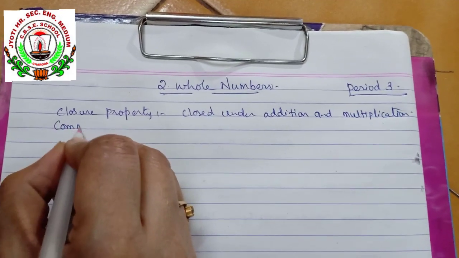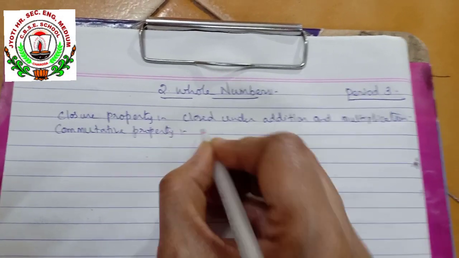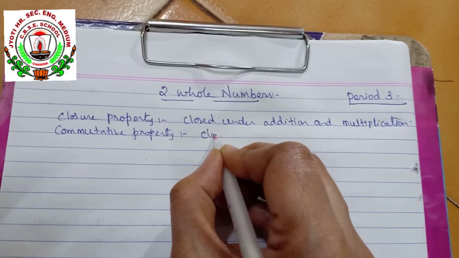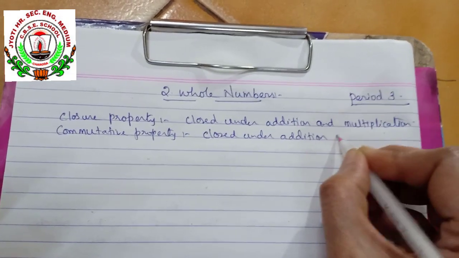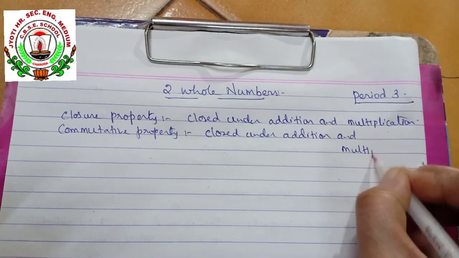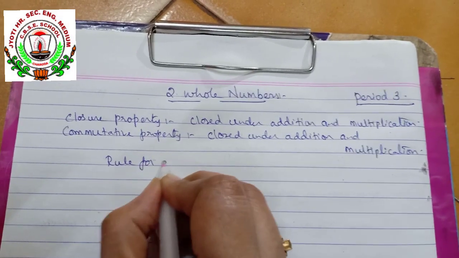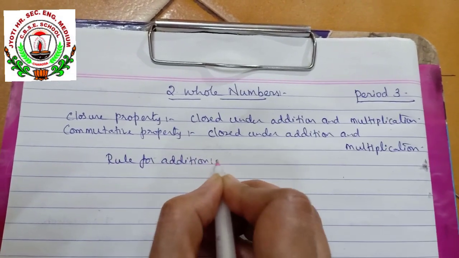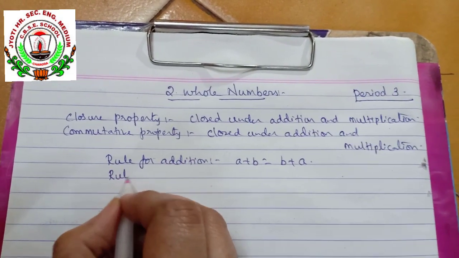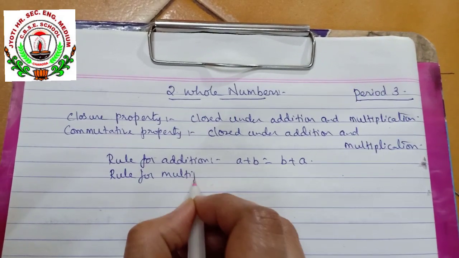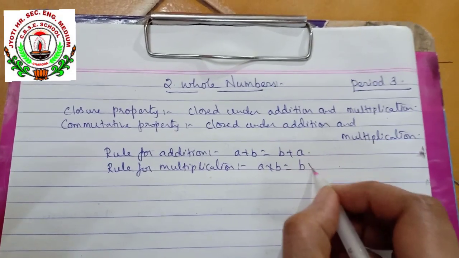Next is commutative property. It is closed under addition and multiplication also. The general rule for addition I have given as a plus b is equal to b plus a, and the rule for multiplication I have given as a into b is equal to b into a.